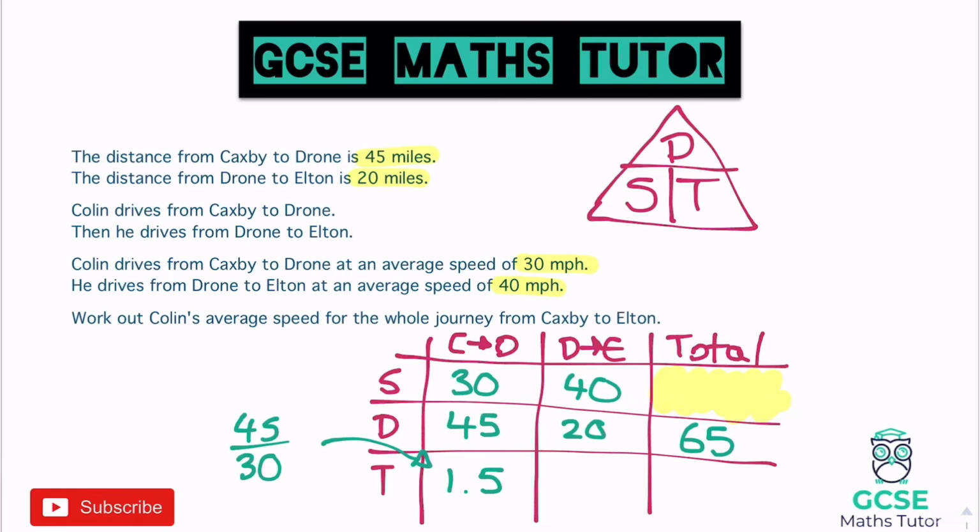Now the next one to the right of that, we've got a distance of 20 and a speed of 40, so I can do 20 divided by 40, and that gives me a half, or 0.5. There we go. And that can then be added together, because if the first part of our journey was 1.5 hours and the next one was 0.5, that's a total of 2 hours for the whole journey.